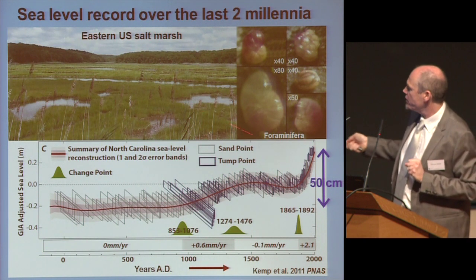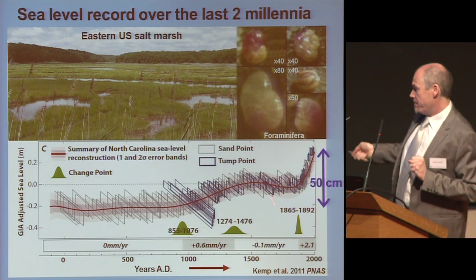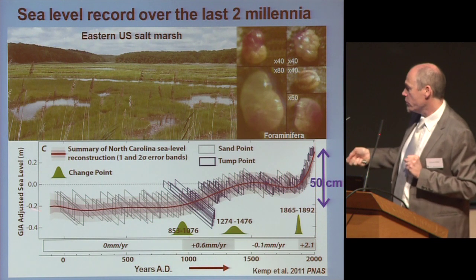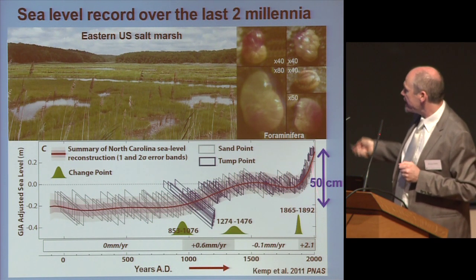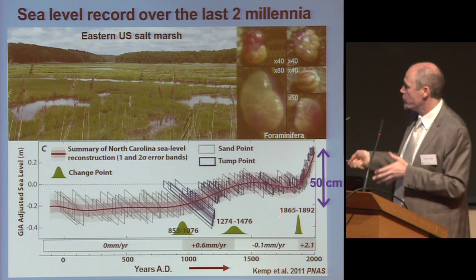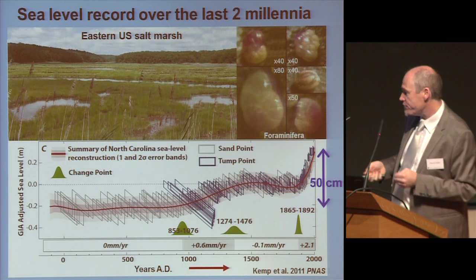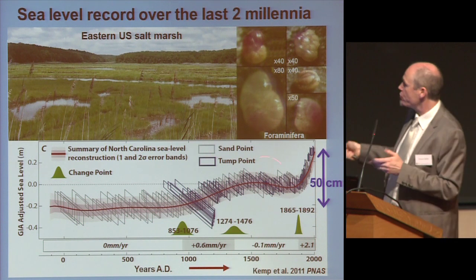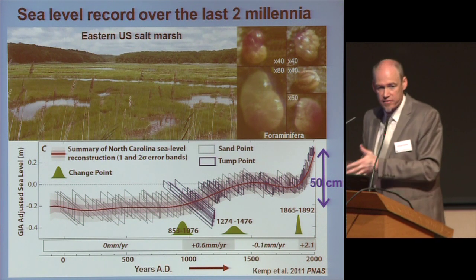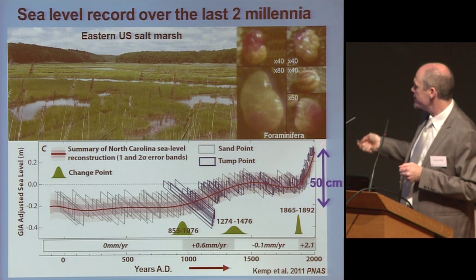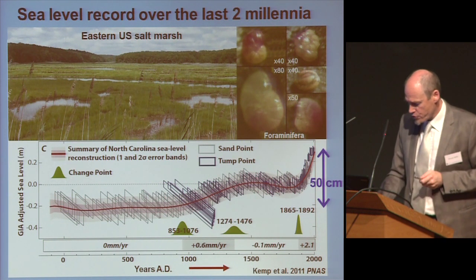This is from a recent paper by Kemp et al., on sea level change over the last 2 millennia. As you can see, in that case, the total range is quite small. There is not much happening during the first millennium. There is a rise during the medieval time period. And then the only significant rise that we can see on that record corresponds to the last century.